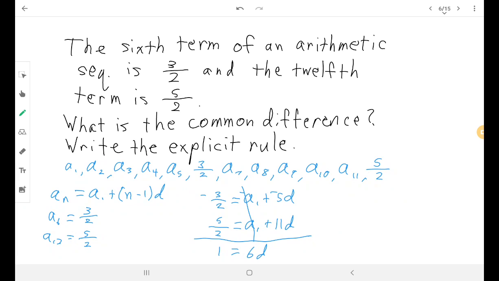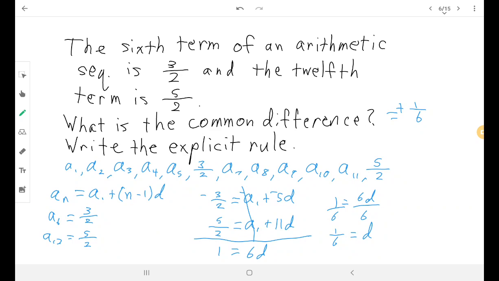So now I've got 1 equals 6d, and I'll divide by 6 on both sides, and that'll give me 1/6 equals d. So what is the common difference? The common difference is plus 1 over 6. So I'm adding 1/6 each time.